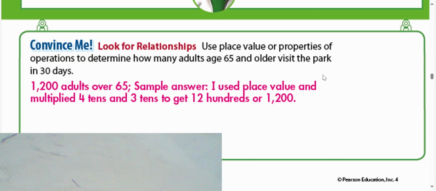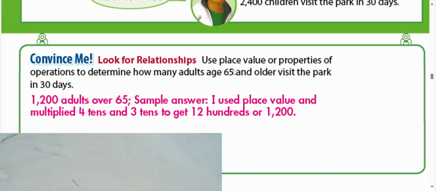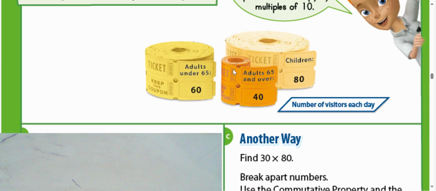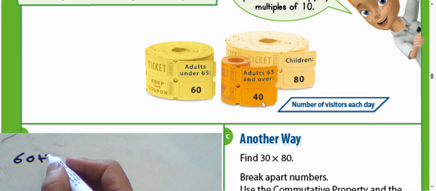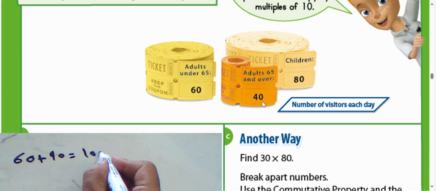He asked about using place value to determine how many adults age 65 and older visit the park. Look here, 65 and older. Where is 65? It was 60, and older, it will be 40. The result will be 100.